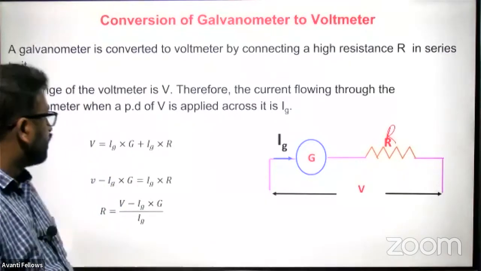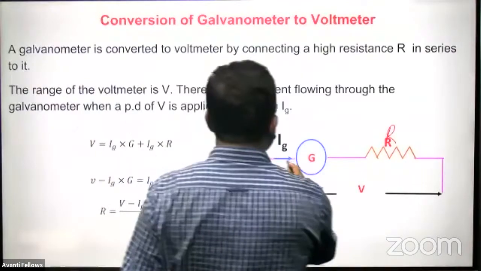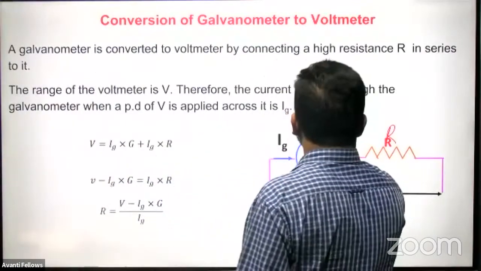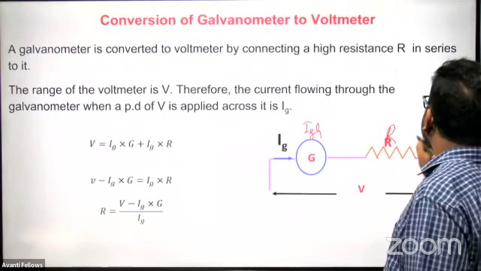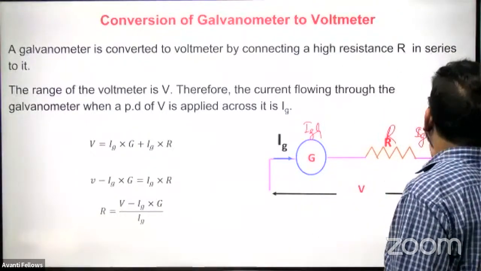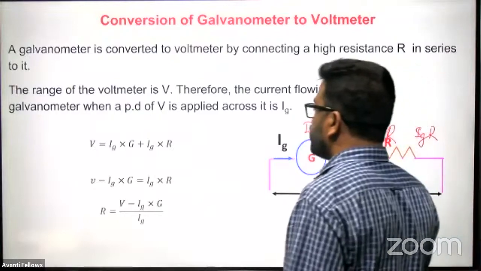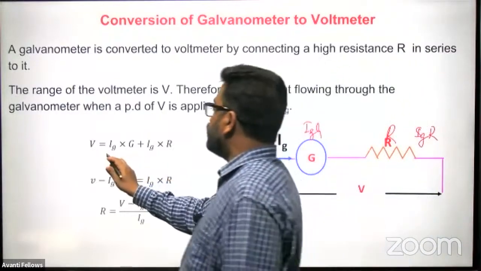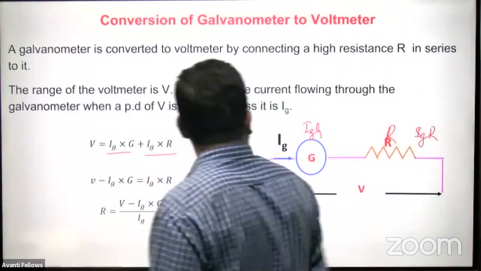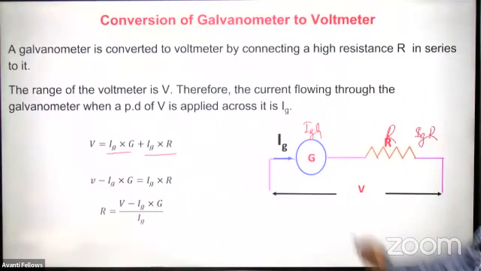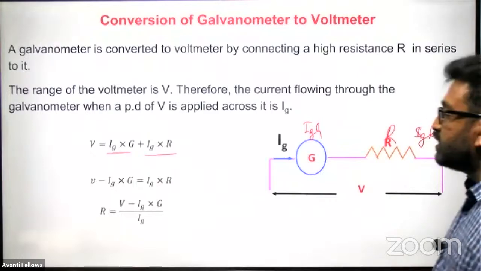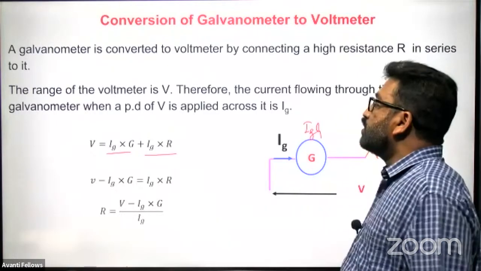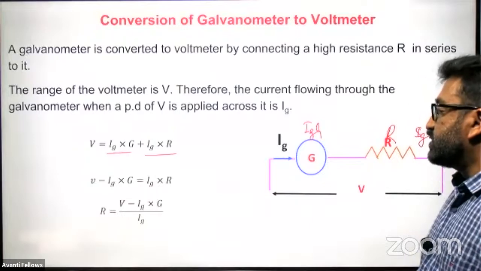The current flowing here is Ig. This develops a potential difference across G, that is Ig into G. And here it is Ig multiplied by R. So total voltage will be equal to Ig into G plus Ig into R. The galvanometer and high resistance are in series combination, so it will be the sum of individual voltages.